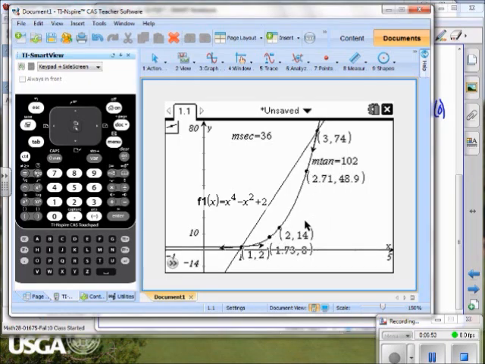And my second point. Oops, hit escape if that happens to you. Okay, I see too many points here, so I'm going to delete that one. There we go.